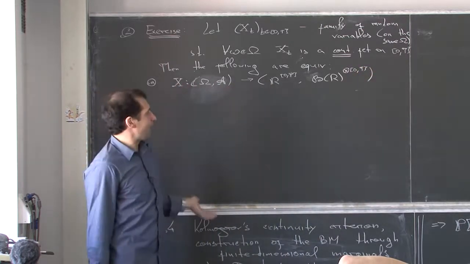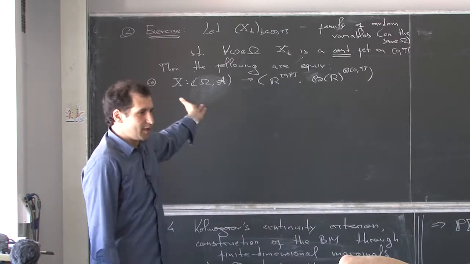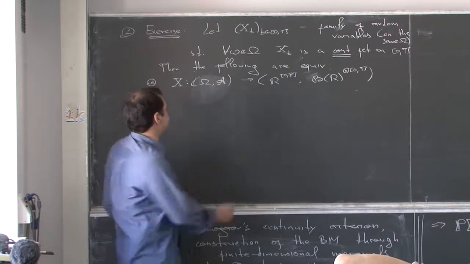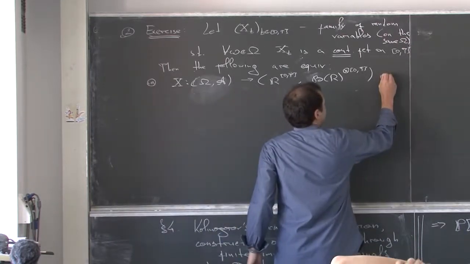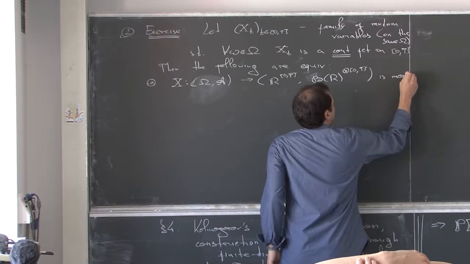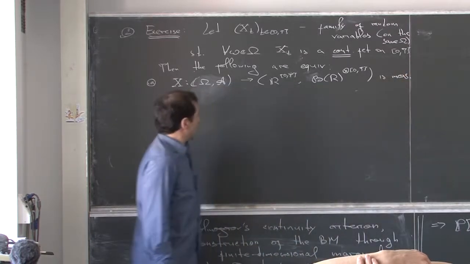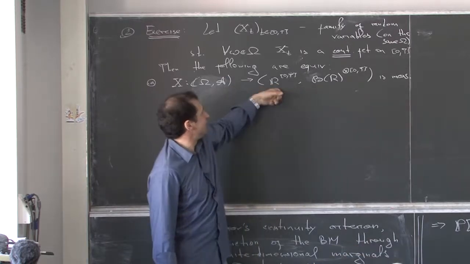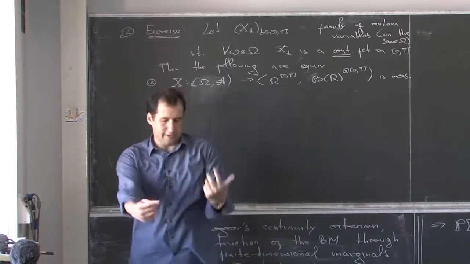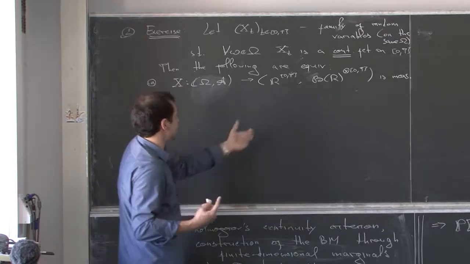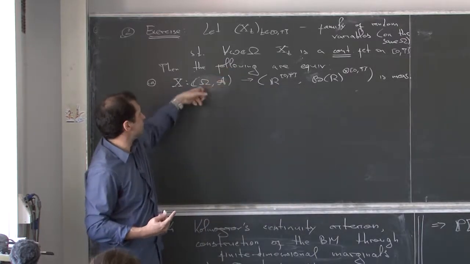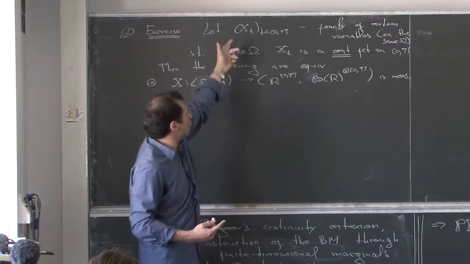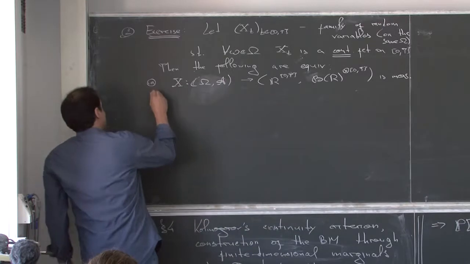So I can ask that this mapping is measurable. This is the weakest reasonable thing to ask. By saying that this is measurable, what I impose is that if I take a cylinder set here, meaning basically only a finite set of indices, then this is a measurable event here. So basically I'm asking that all these variables one by one are measurable.